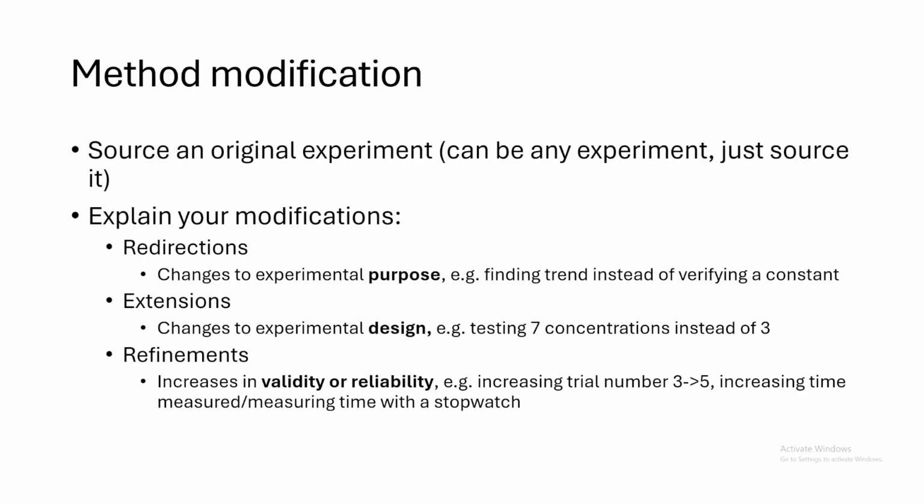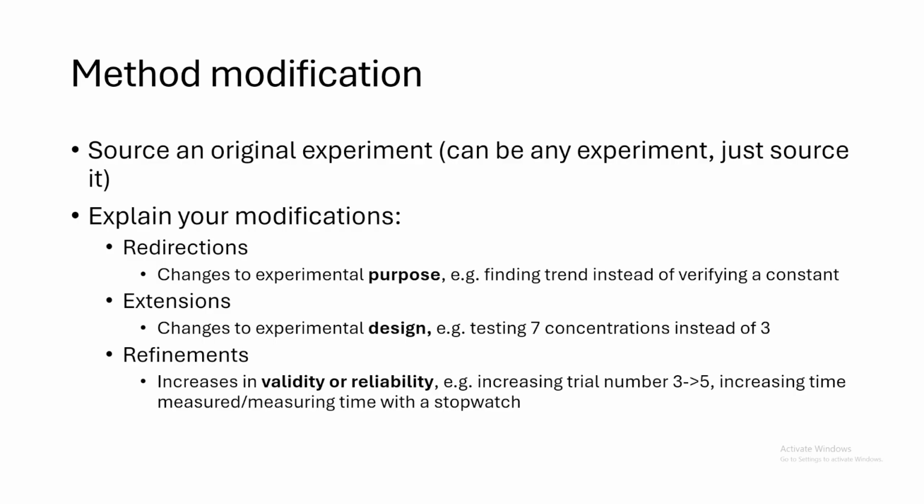So, for example, if your original experiment was an inclined plane, and you were sliding blocks down a plane to verify the acceleration of gravity, maybe you can change it to verify whether the linearized trend based on changing angles is actually linear or not. So essentially just changing the question that the original experiment's research question was asking, in a sense.